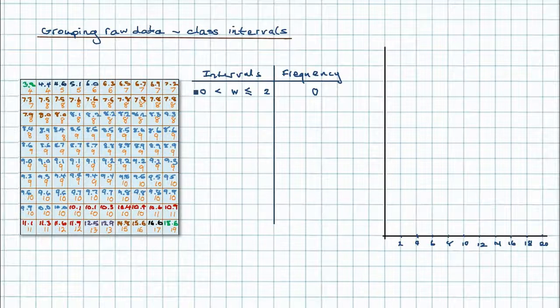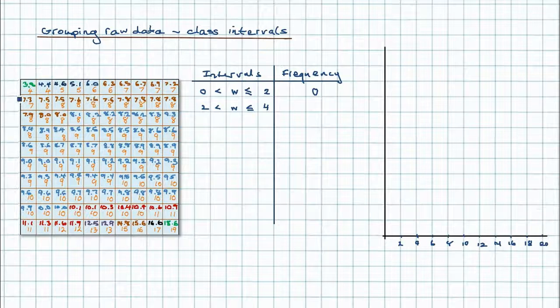Okay, what's our next interval then? It's going to be from 2 to 4. How many are there between 2 and 4? Well, I've already marked these in colour so we can see it clearly. Between 2 and 4, there's just one value, the 3.8 here.